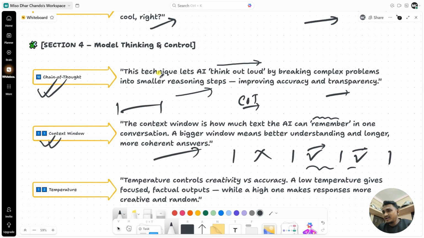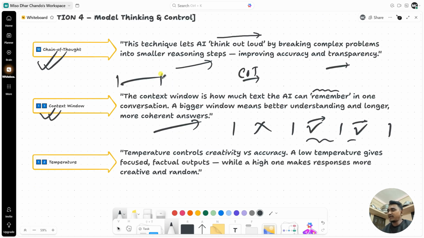Now the last one is called temperature. Temperature controls creativity versus accuracy. A low temperature gives focused and factual output, while a high one makes responses more creative and random.